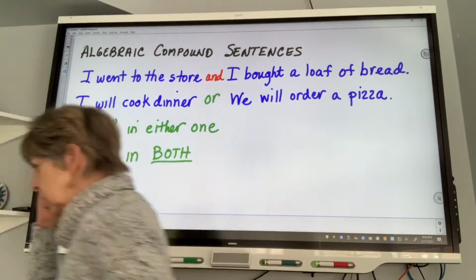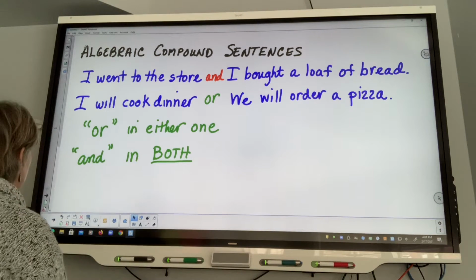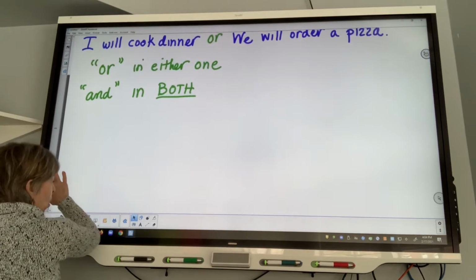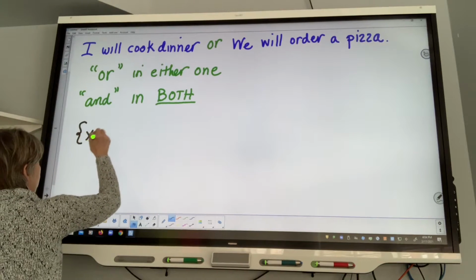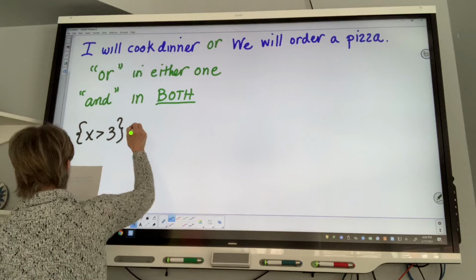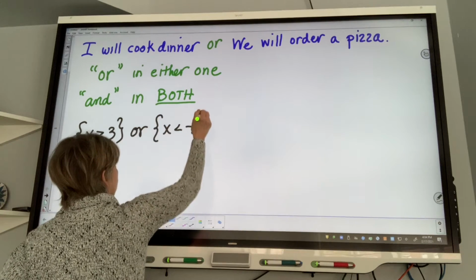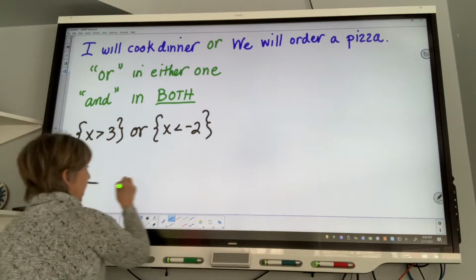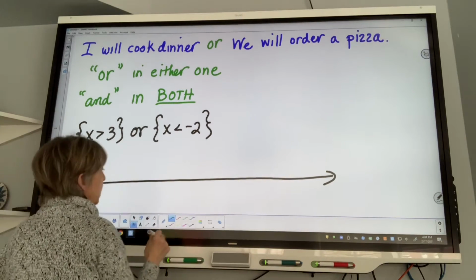All right, so the first thing you're going to have to do on your first homework is graph some or statements. So you're going to get something like this, and you're going to have to graph that on the number line. This is going to be pretty easy.